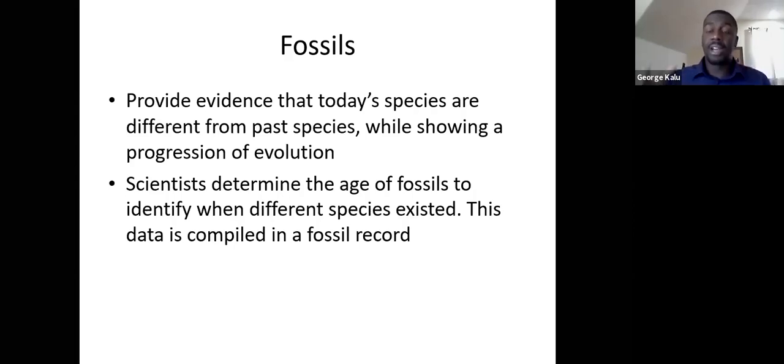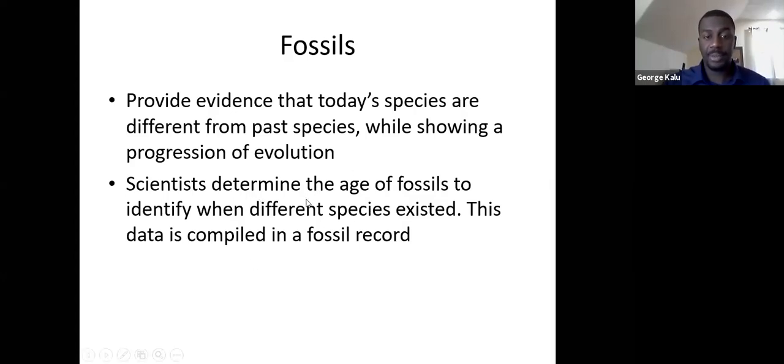If they look kind of similar, and if we can actually see a progression of the structure or the builds of that organism from one time to the next time, then we are able to indicate that evolution has possibly taken place here. So if we're able to see a progression of the fossils up until what we see today, and slowly progressing until we see the structure of a particular species today, then we know evolution has most likely occurred from that initial species in the past.